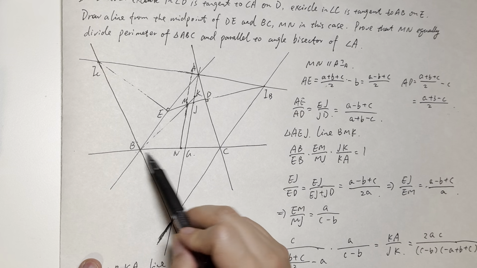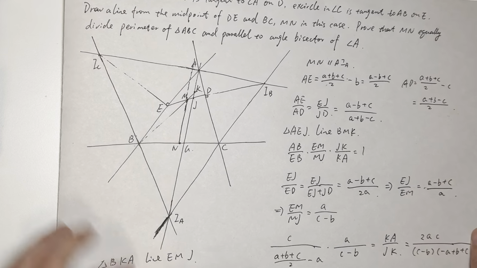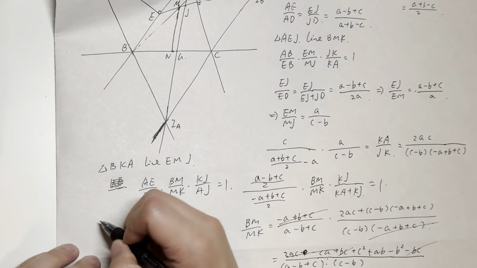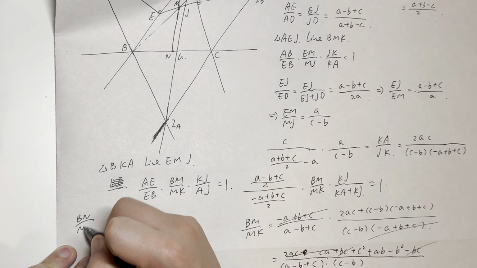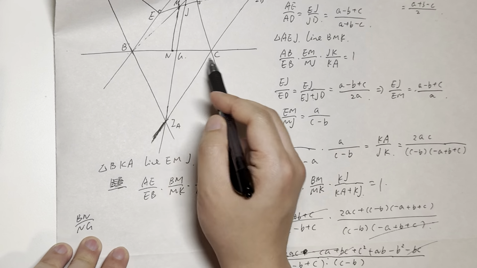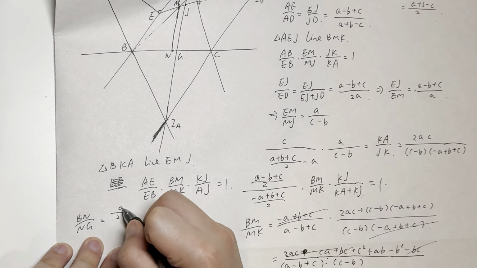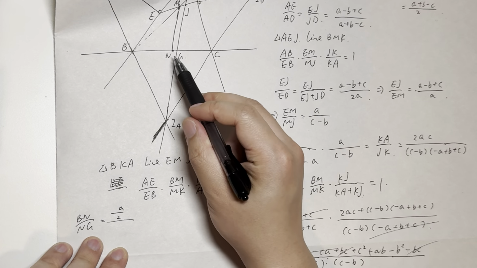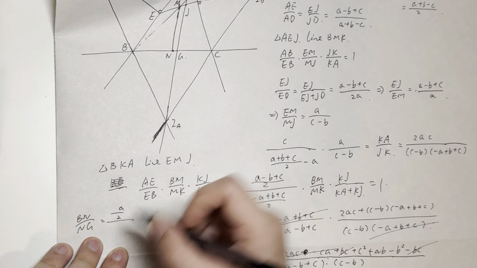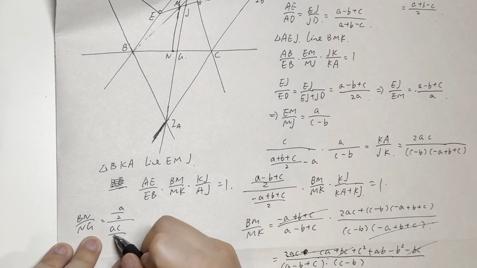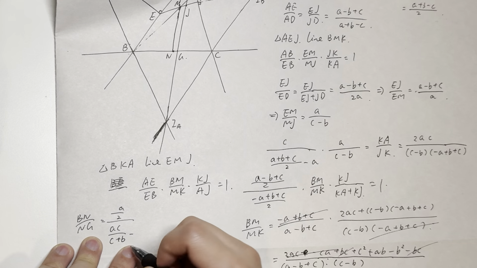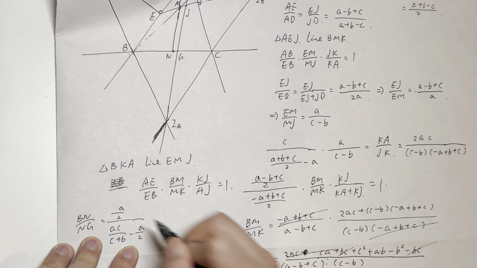Now let's calculate BN to NG, right? What is BN? That is half A, right? So half A divided by NG. NG is BG minus BN, right? BG is AC to C plus B, and minus BN. BN is half A, right?